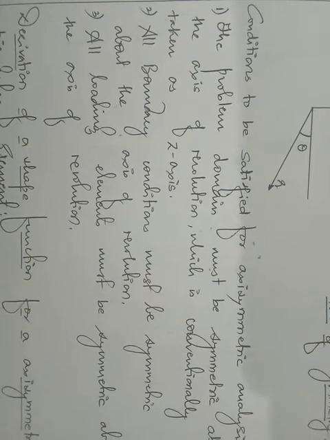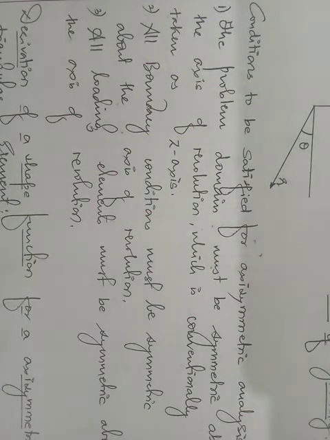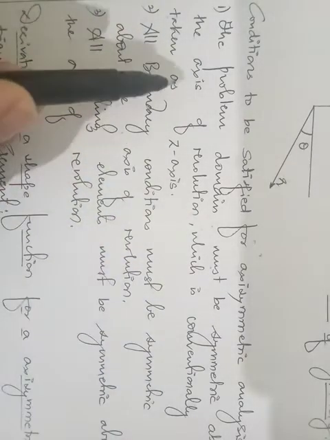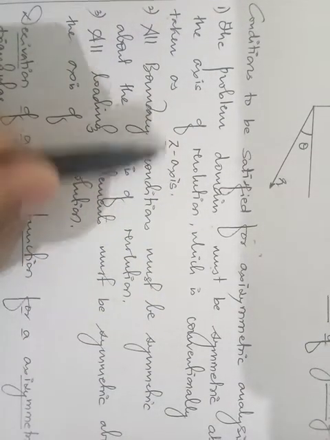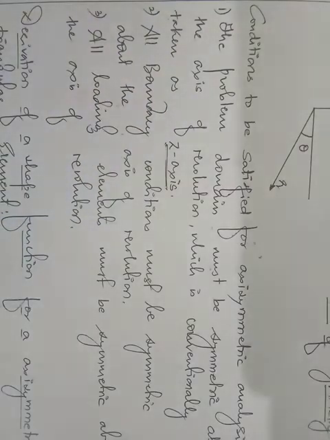The first condition is that the problem domain must be symmetric about the axis of revolution, which is conventionally taken as the Z axis. So the Z axis is the axis of revolution.